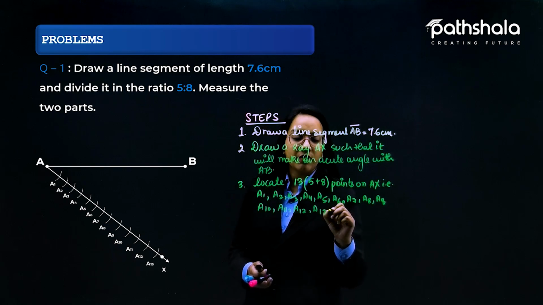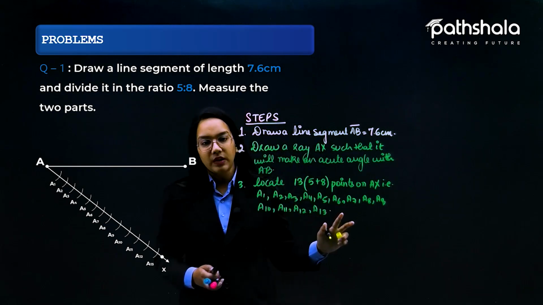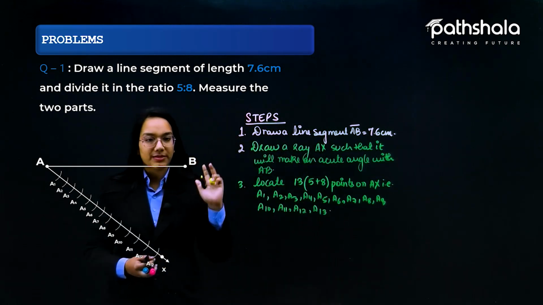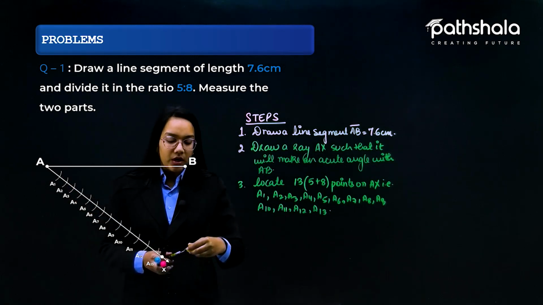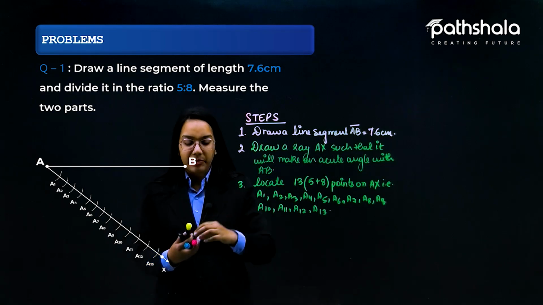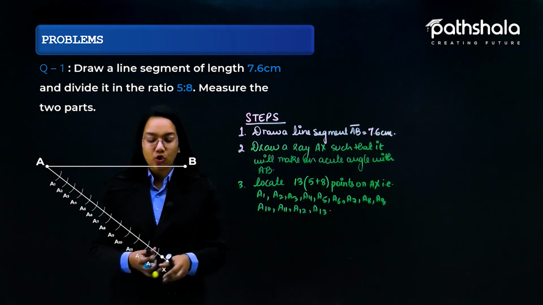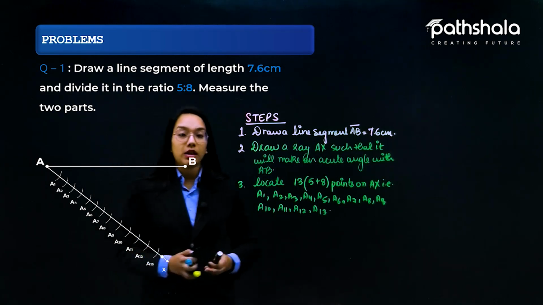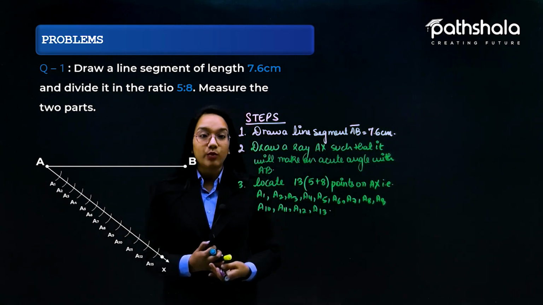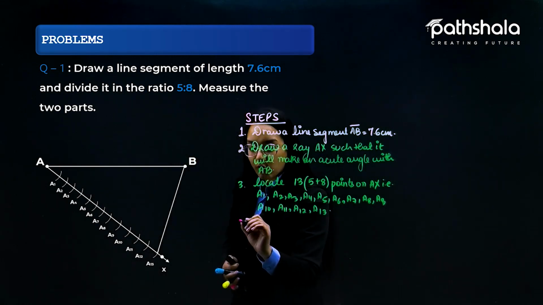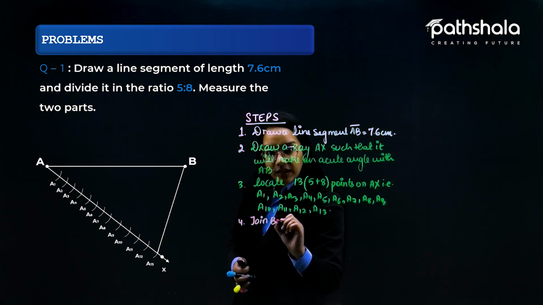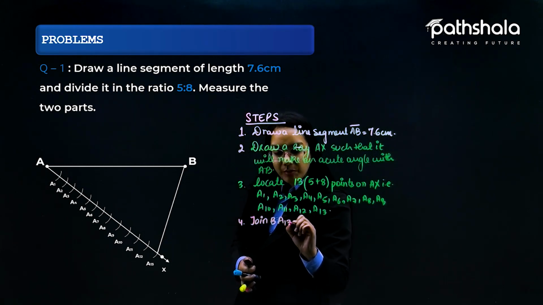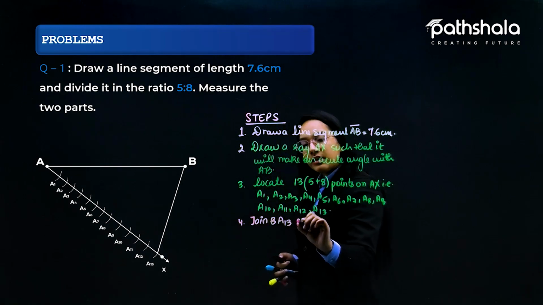Obviously, we know that all these distances are equal to each other, so I am skipping writing that part. The next step is to join the last point, A13, with B. So the fourth step is to join BA13.